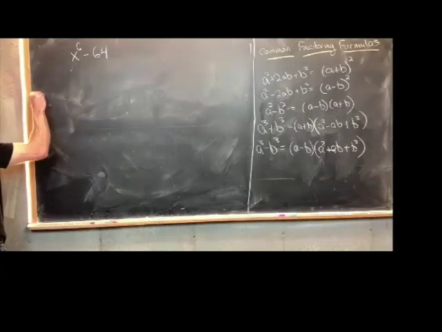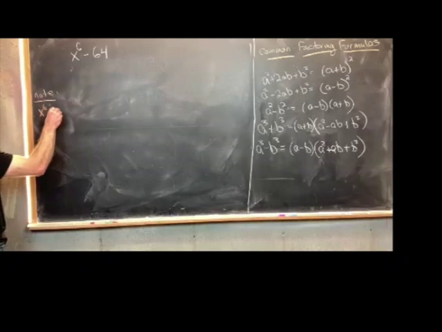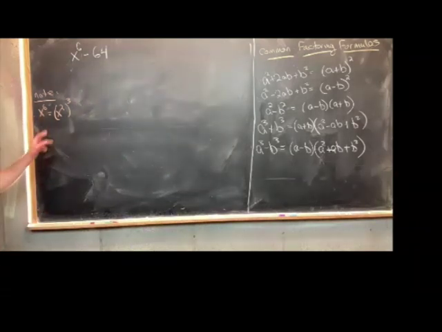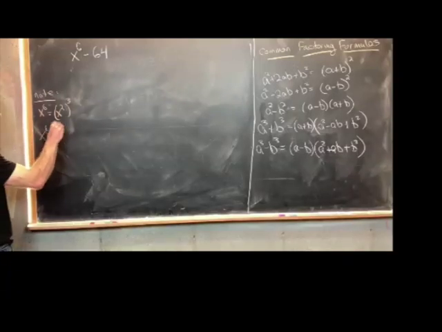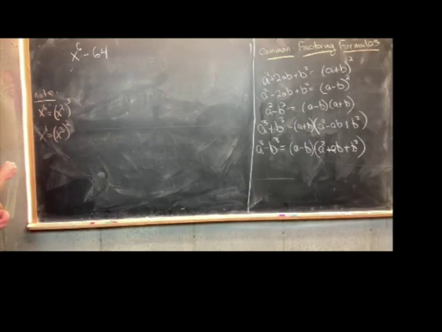So let's maybe notice that x to the 6th is equal to x squared, the whole thing cubed. Again, that's by exponent rules because 3 times 2 is 6, but it's also equal to x cubed, the whole thing squared. For the same reason, because x cubed squared, that's going to be x to the 3 times 2, which is x to the 6.